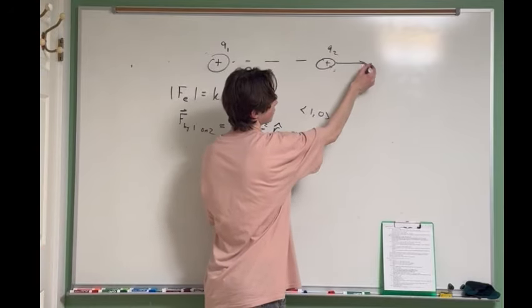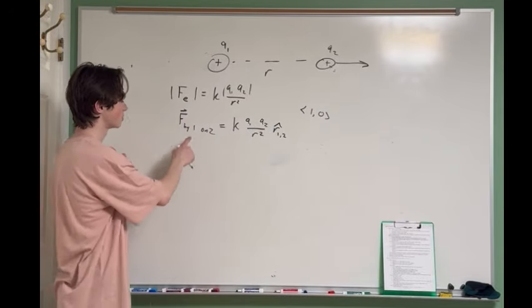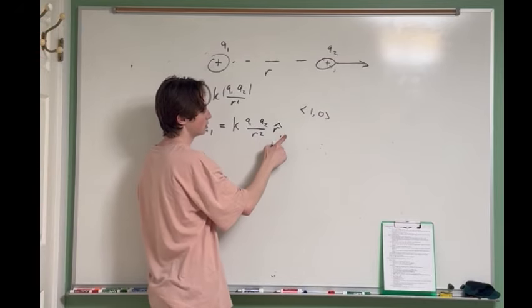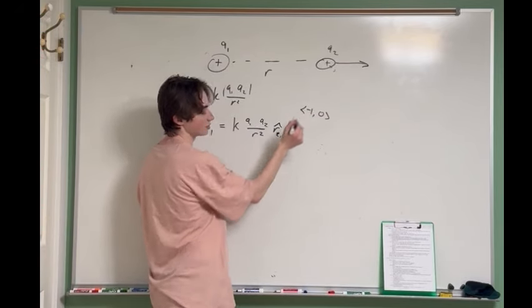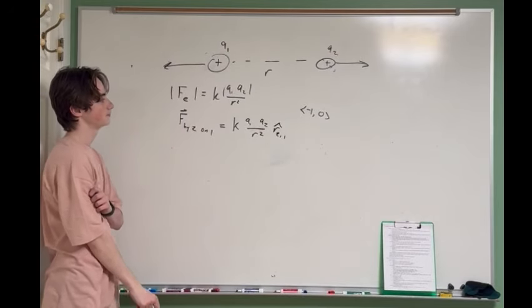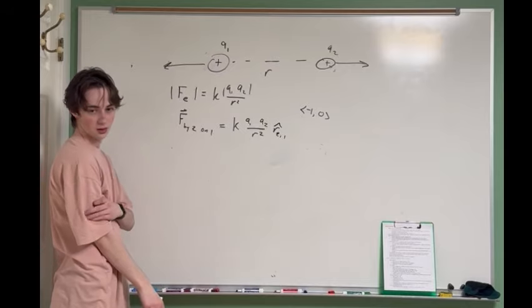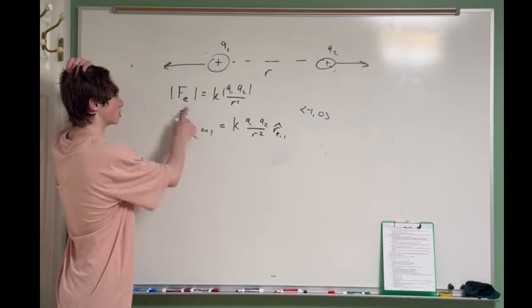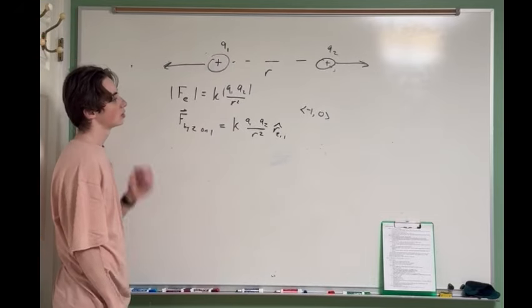So the force would go that way. But if we swap it around, by 2 on 1, now the unit vector is going the opposite direction. So you can choose whether you want to use the vector version or the absolute value version of Coulomb's law.